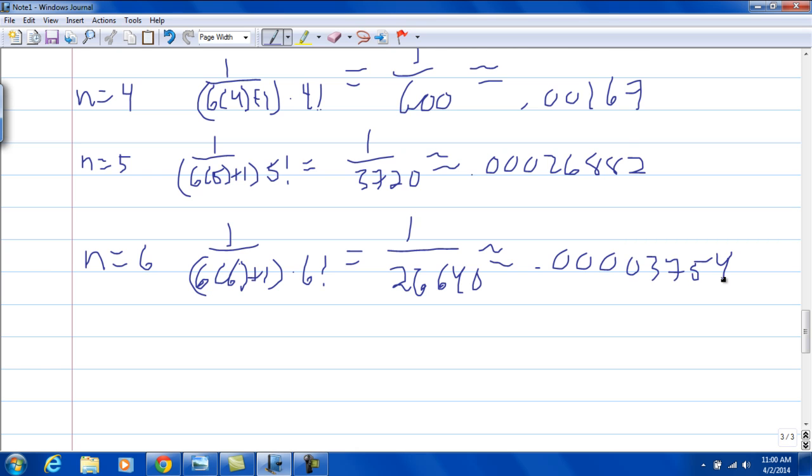That's about 0.0000375. So as long as we go out to n equals 5, we should be good. We don't need that 6th one because it's not going to change it. And the next subsequent terms are not going to change it much either.